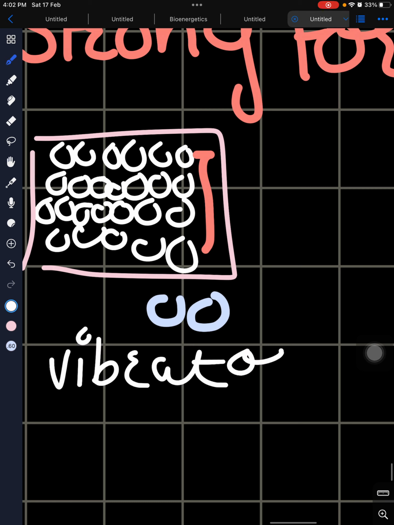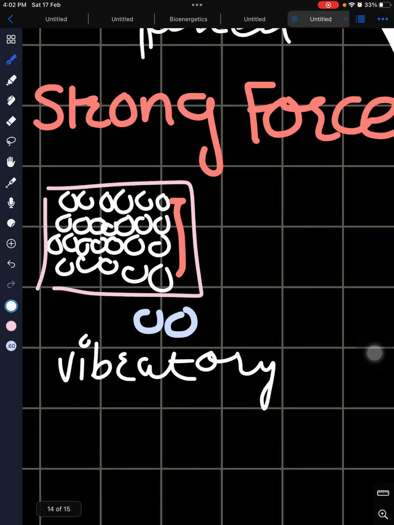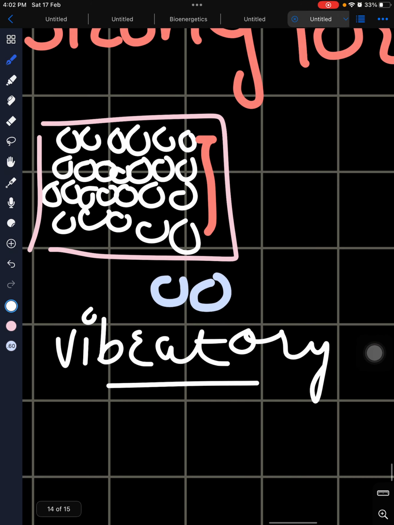If we heat them, they stand at their place and vibrate. If the particles are getting heat, they begin to vibrate in their places. The particles do not change their position, they just vibrate.